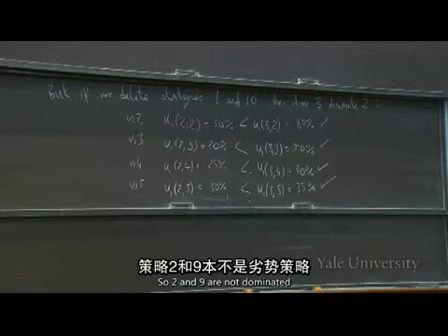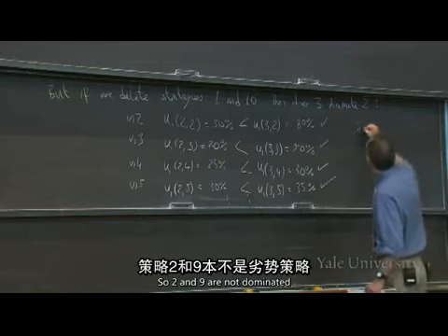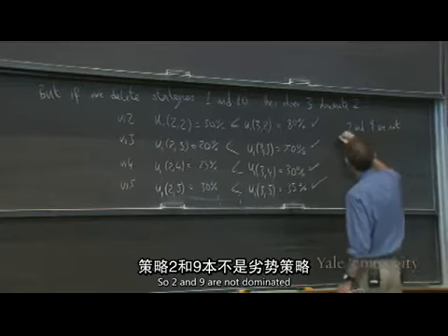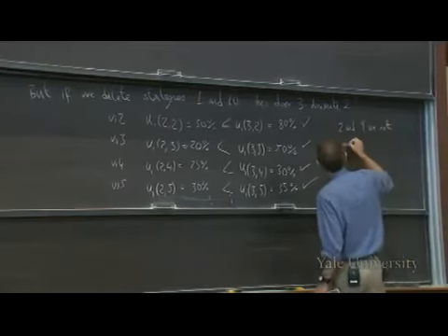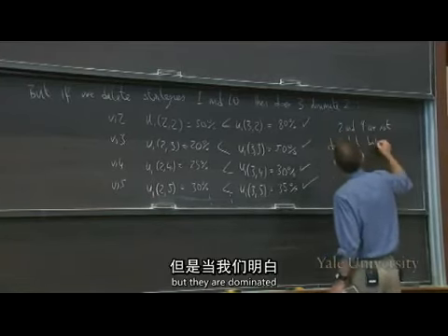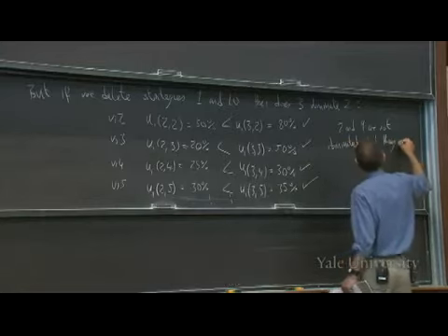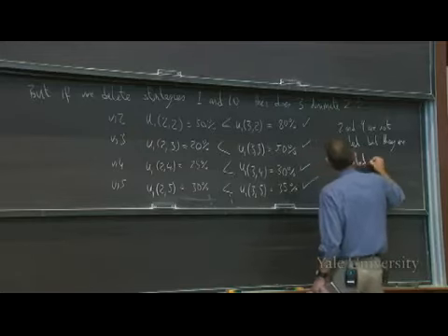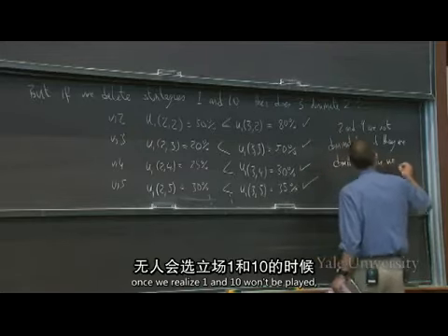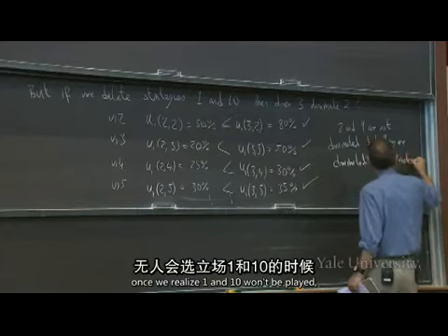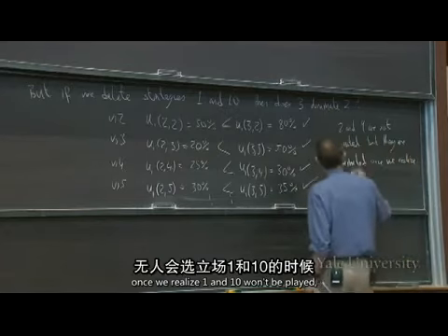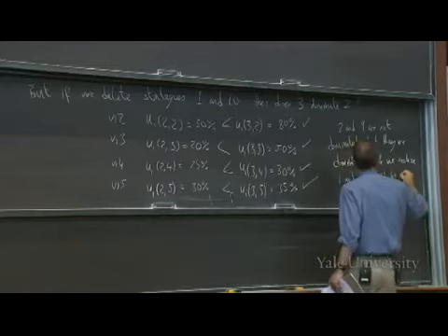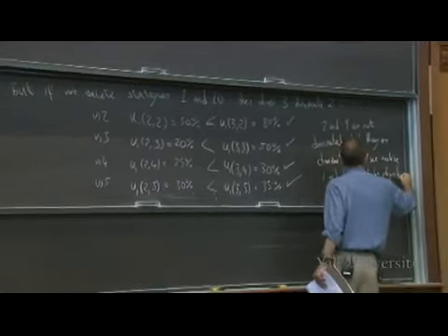So 2 and 9 are not dominated, but they are dominated once we realize 1 and 10 won't be chosen. All right?